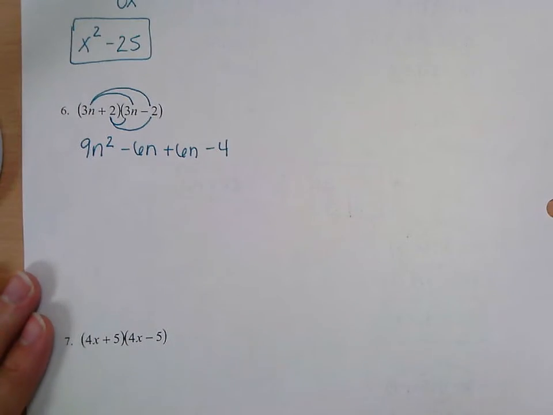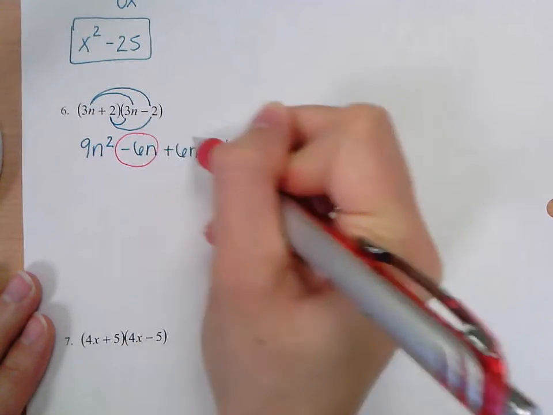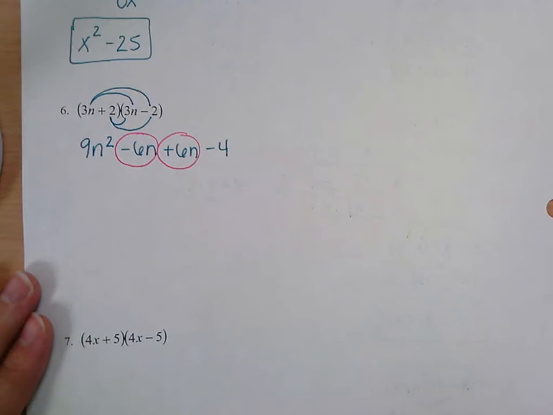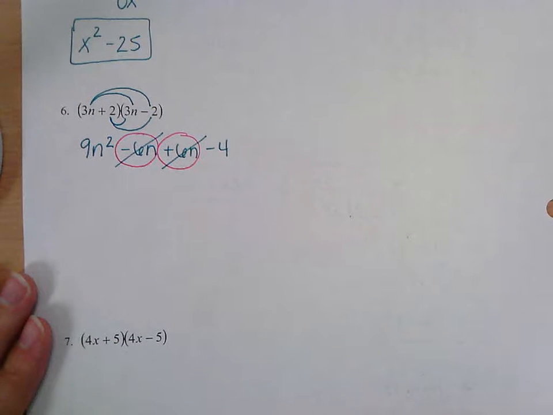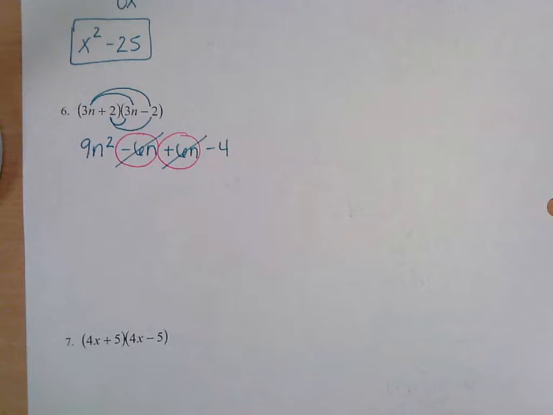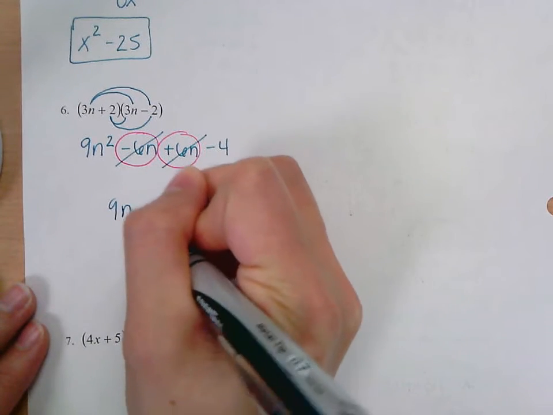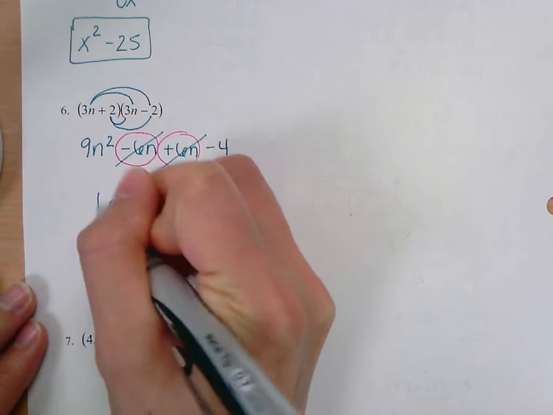Negative 4. I have negative 6n and positive 6n. And those cancel each other out. Negative 6 plus 6 is 0, so they're gone. So just make sure you don't keep the n there. It would be 0n, which is just 0. So if you just put n, that's 1n. That's different. So I have 9n squared and then minus 4.